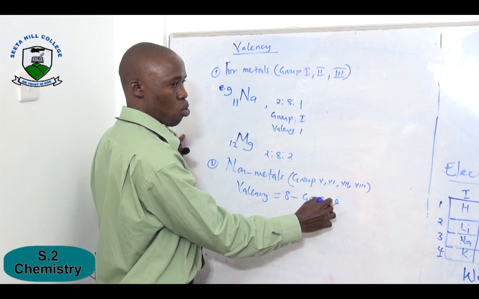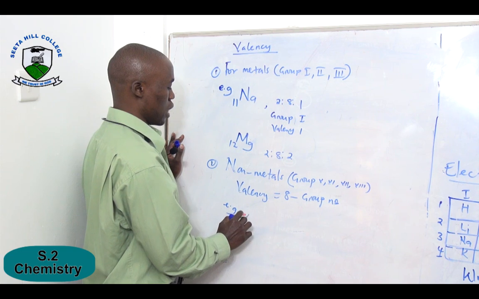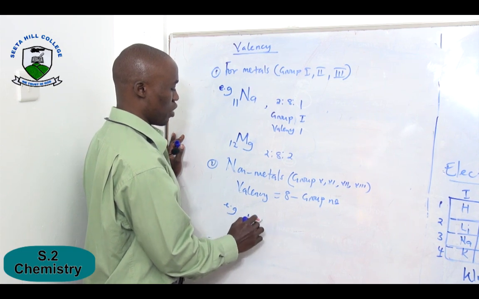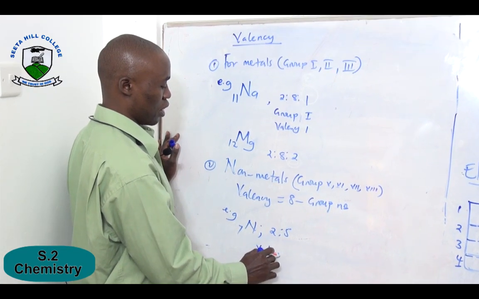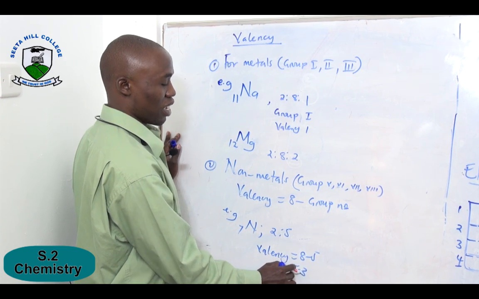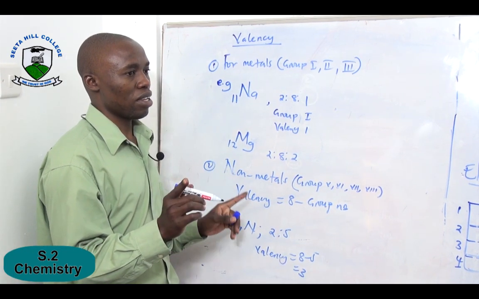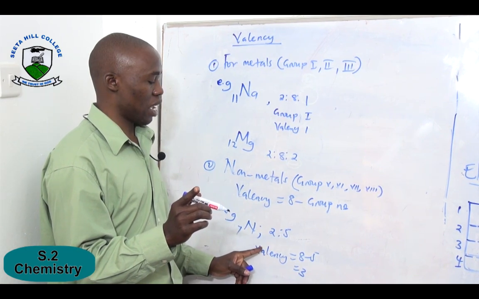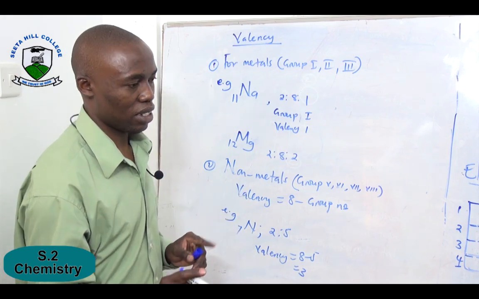Group? That's very, very correct. Nitrogen has a valence of what? Valence of 3. Yeah, that's very correct. Now, are you seeing that there is a connection between your valence and the charge? Because the charge will be N to the power minus 3.